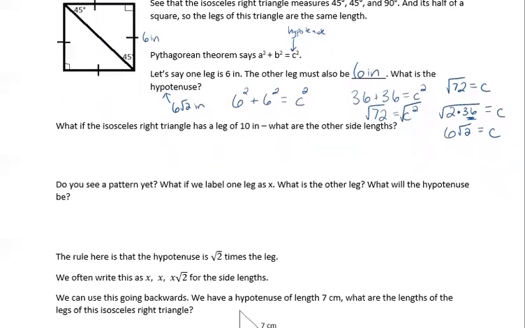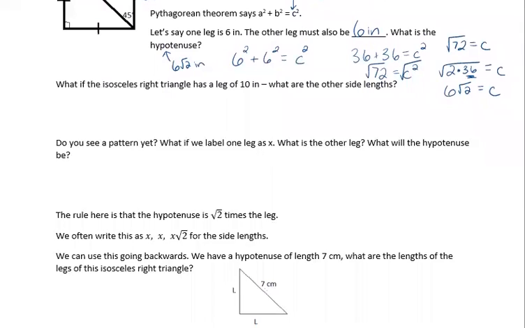What if the isosceles right triangle has a leg of 10 inches? So I'm going to draw it again. This one is 10 inches. What is this side? 10 inches. What is this hypotenuse going to be? Well, let's see. A squared plus b squared equals c squared.